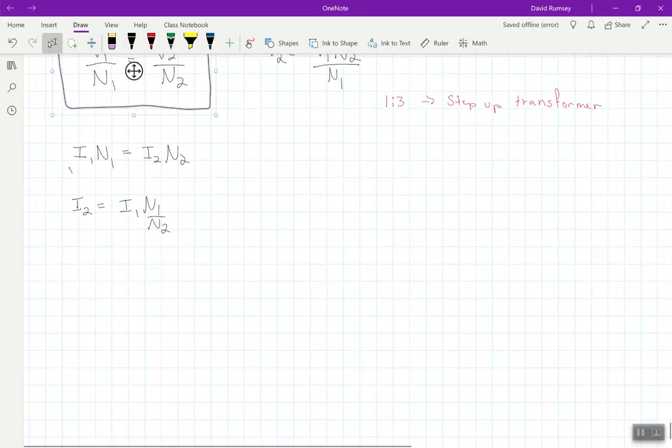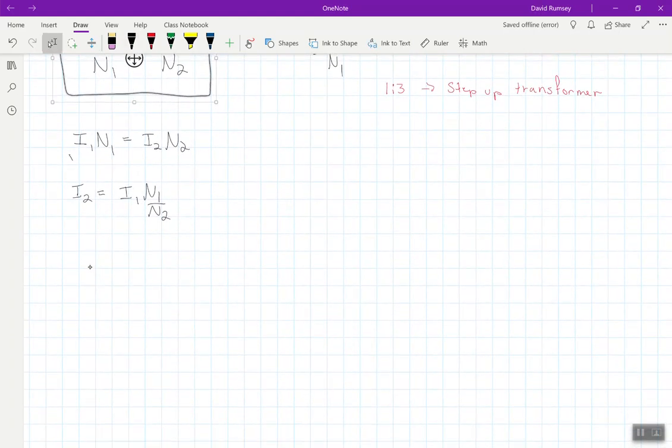One other application of ideal transformers is to change load impedance.